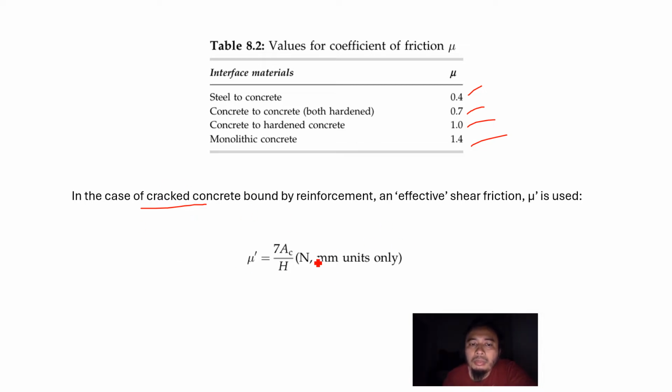If that happens, your value of mu would be based on the area of concrete and the value of h. So there is a mu prime. You need to calculate for mu prime, so your value is slightly different.